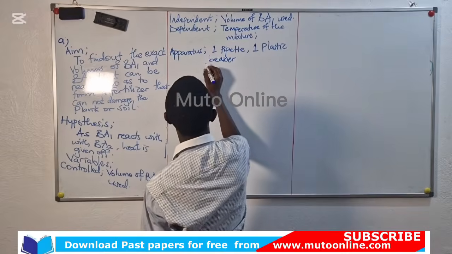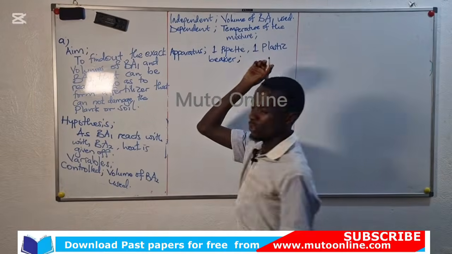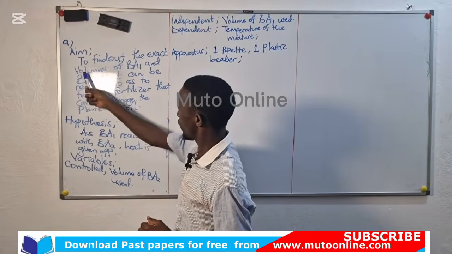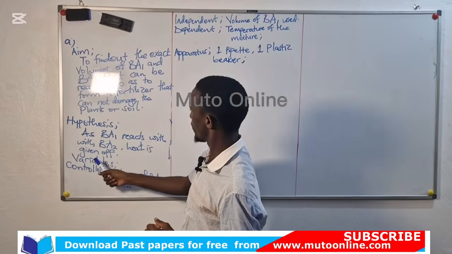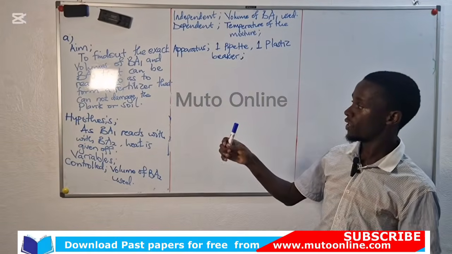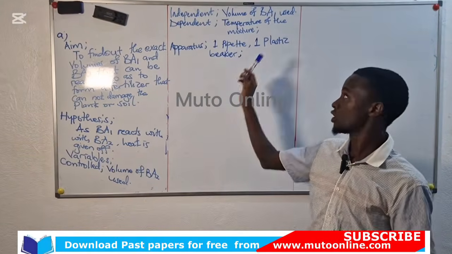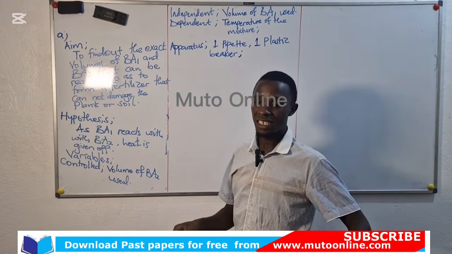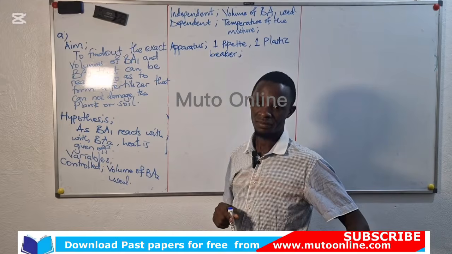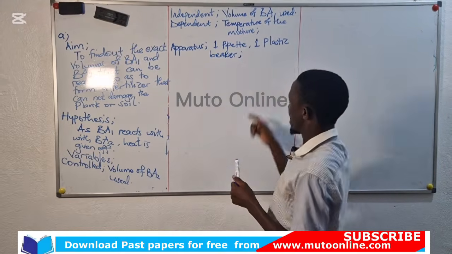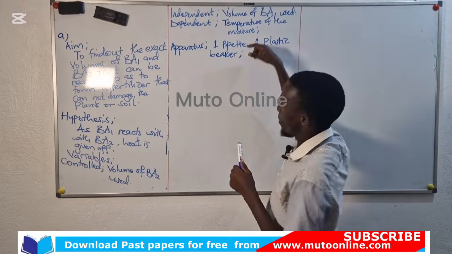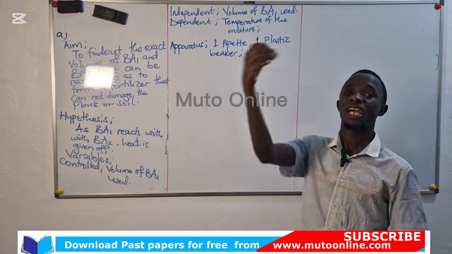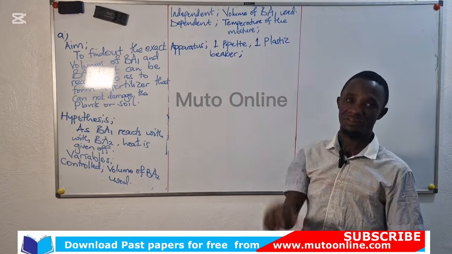To continue, we saw we are going to be running uniform fixed volumes of the acid, which is BA1, onto BA2 in the beaker in intervals. So that means we are either going to use a burette or use a measuring cylinder to transfer those standard volumes.